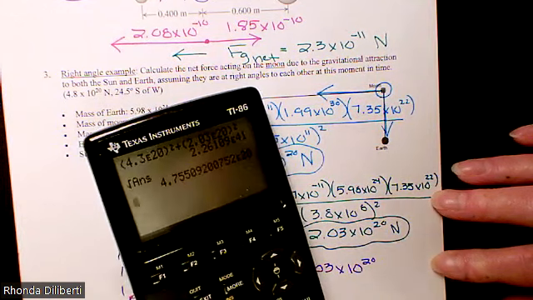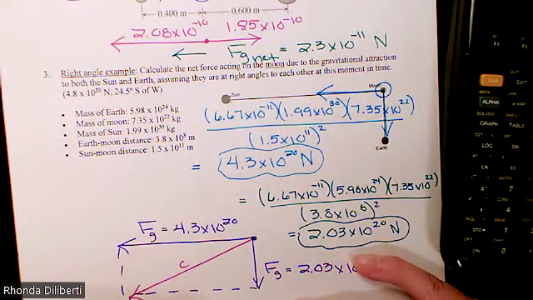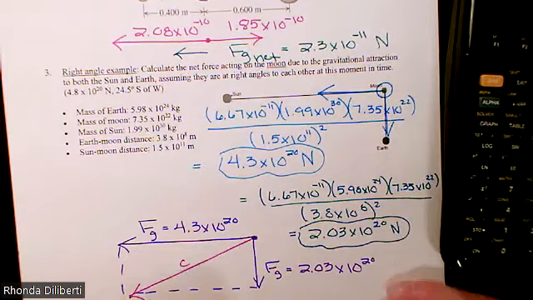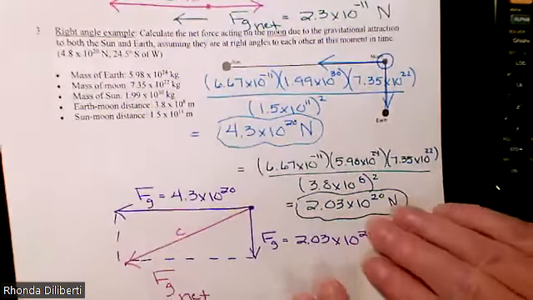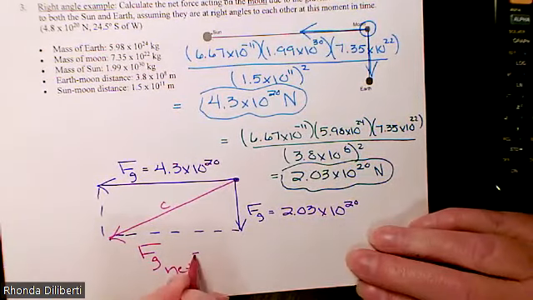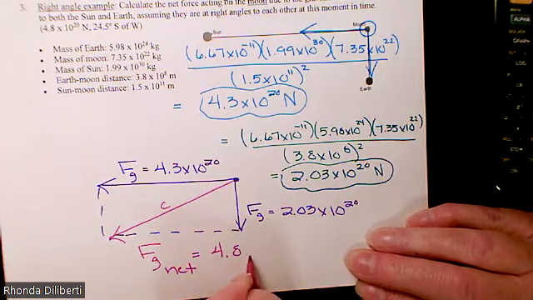And we get 4.8. So the net gravitational force, I'll say net. Whoops, that's off my screen. Hold on one sec. So the net gravitational force is equal to 4.8 times 10 to the 20th newtons.